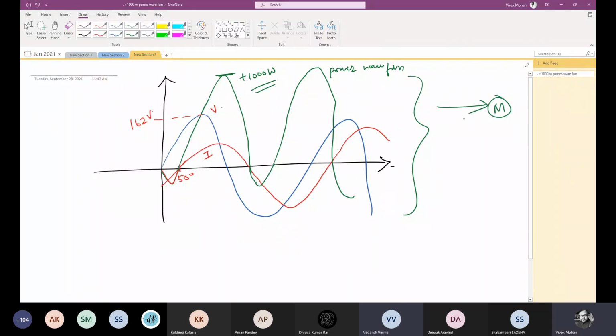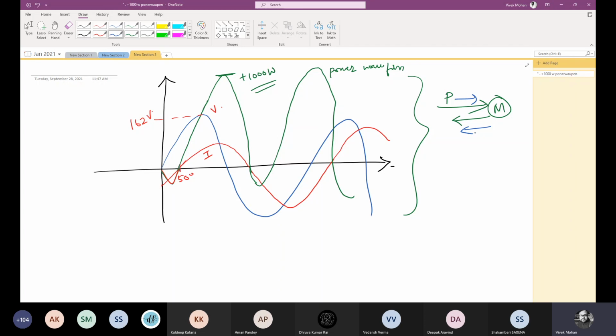So I have two things here: power flowing into the motor and power flowing out of the motor. I'm getting two kinds of power in terms of direction. Now let us see what these powers into the motor and out of the motor represent with respect to active and reactive power.